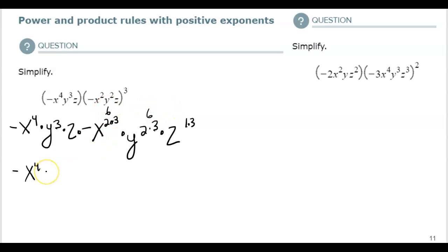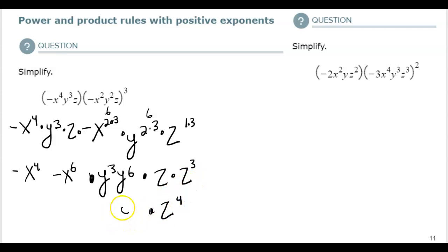So if I put all my x's together, my y's, x, y, z, if I simplify that, I have z to the 4th, y to the 9th, x to the 10th, and then a 1 times a 1 becomes positive.